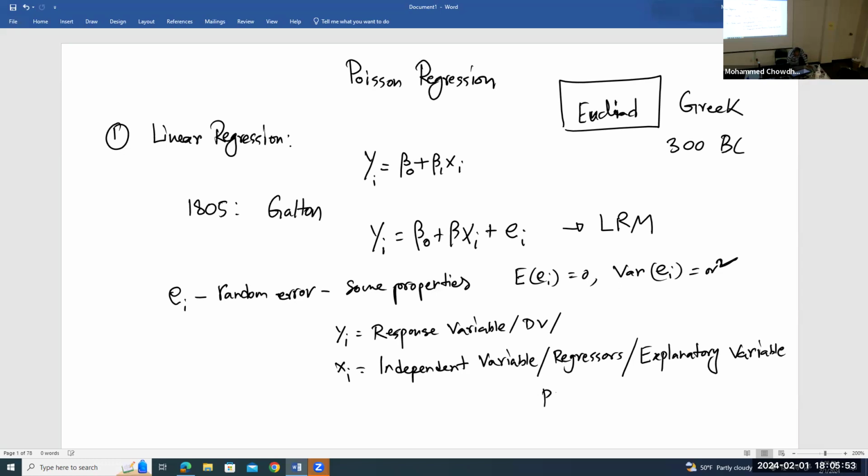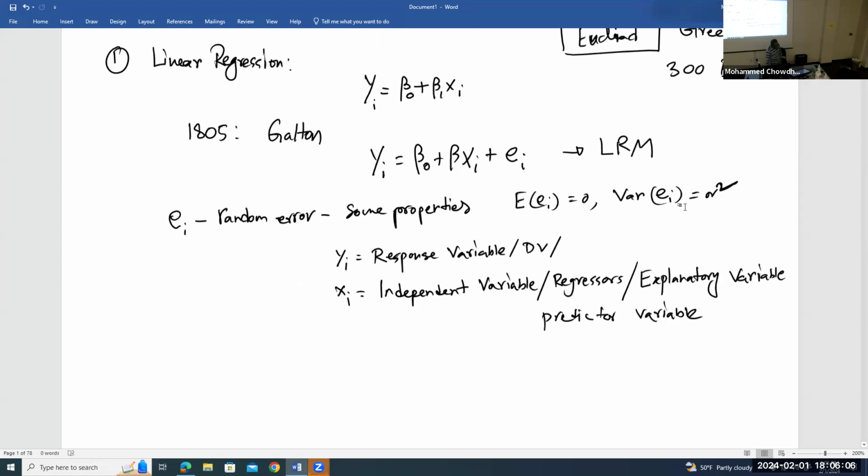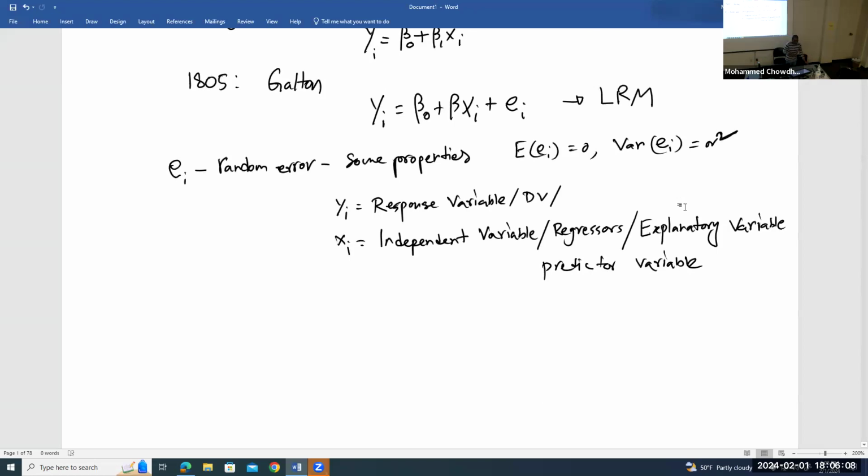It is also called the predictor variable. Beta 0 is known as the intercept, and beta 1 is known as the slope, or rate of change, whatever you want to say.